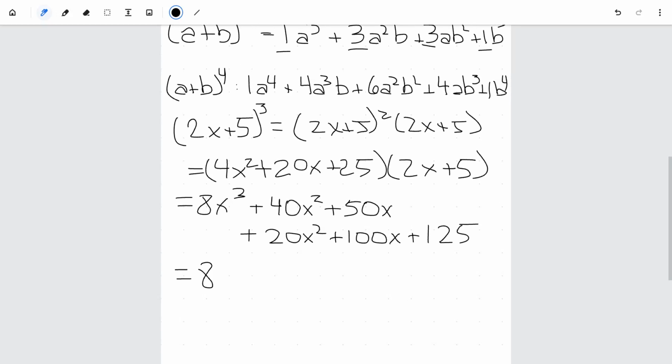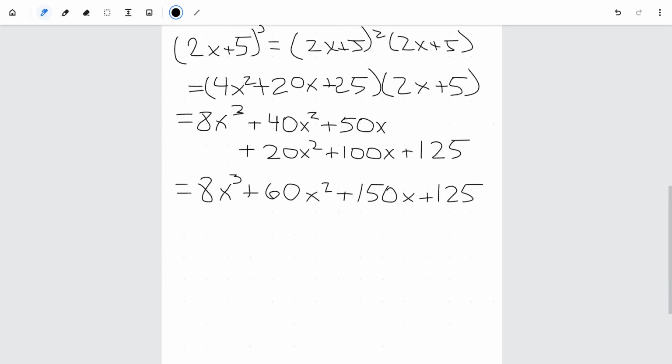Add all these up, we get 8x^3 plus 60x^2 plus 150x plus 125.